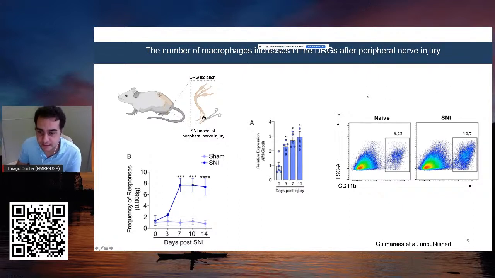So the idea here is to show you how this peripheral injury can cause an increase in these macrophages in the DRG, and what the mechanisms involved in this increase in the number of macrophages are.